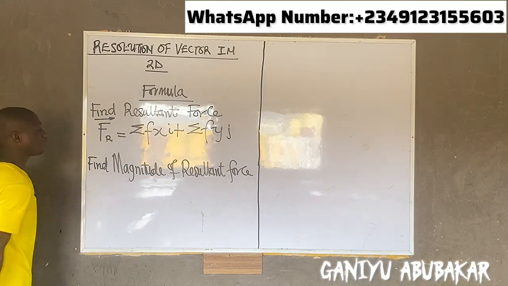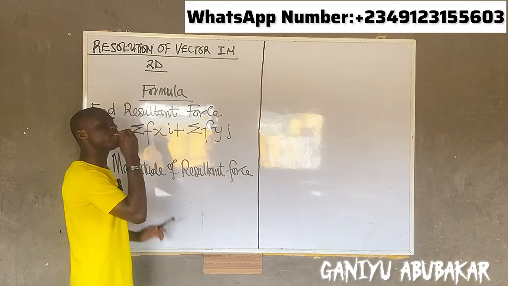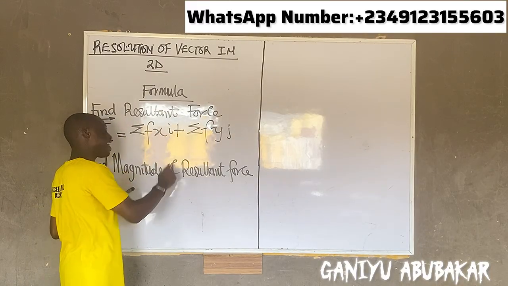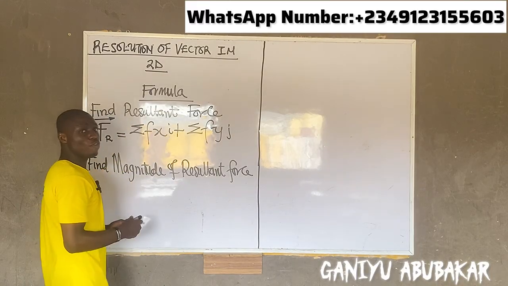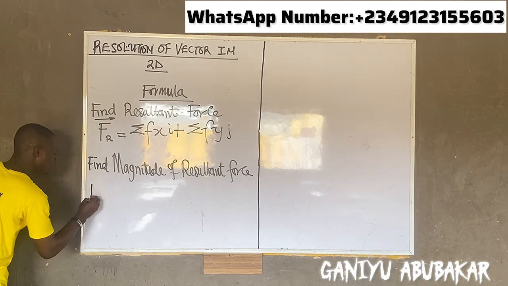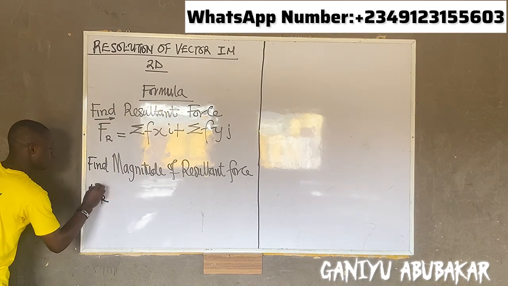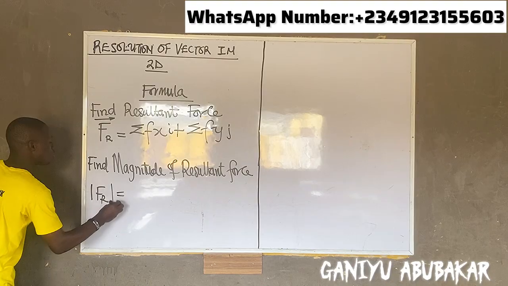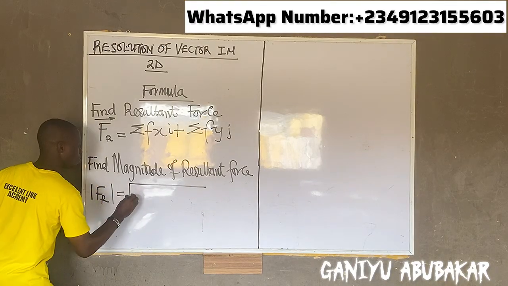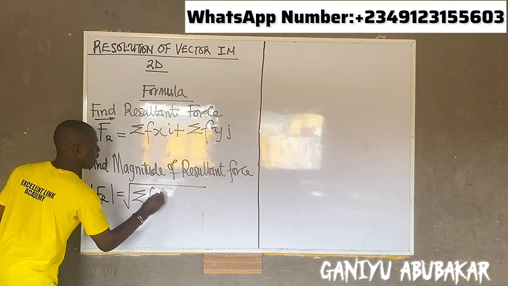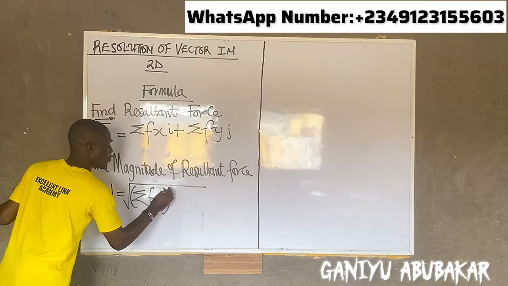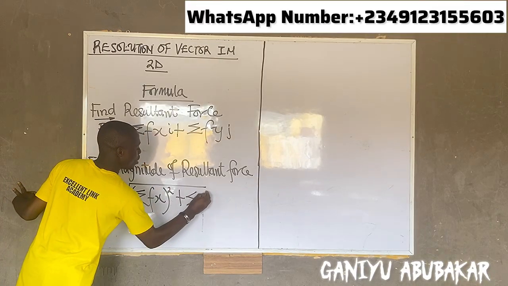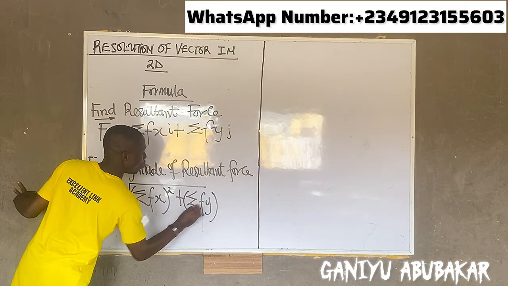Now, observe the difference between resultant force and magnitude of resultant force. For the magnitude of resultant force, Fr equals the square root of summation F of x all squared plus summation F of y all squared.